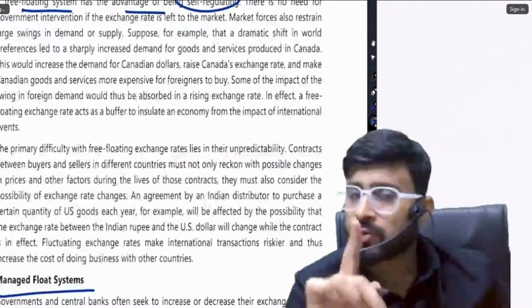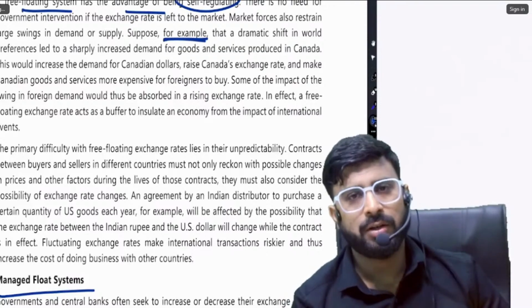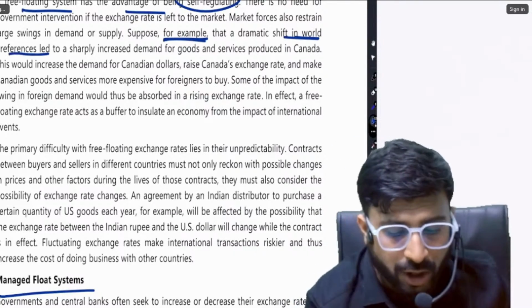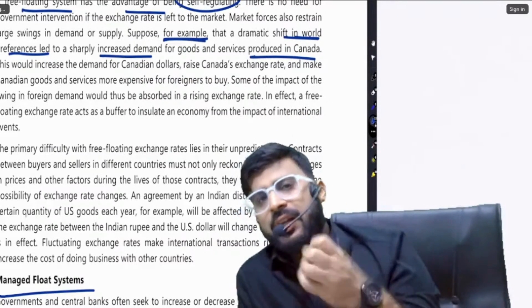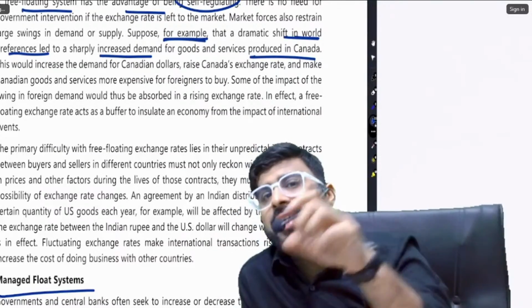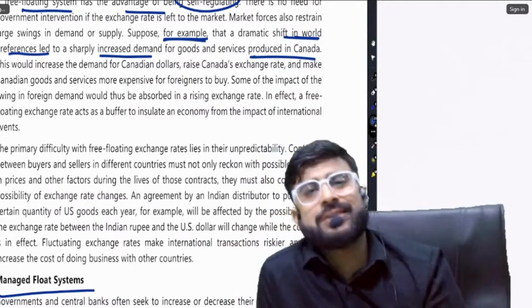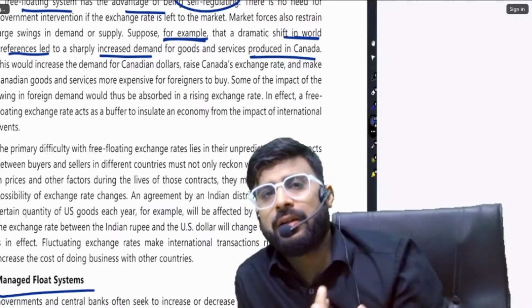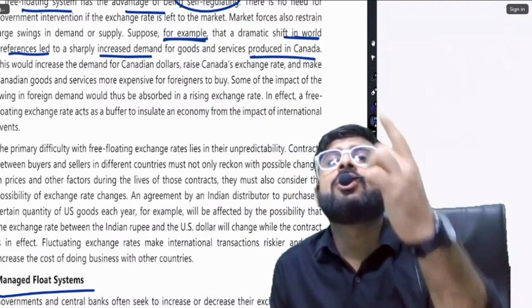Now, how it is free float, I will give you an example. Suppose there is a dramatic shift in the world's preferences for Canadian goods. Friends, now you tell me, if people love goods and services in Canada, then their demand for Canadian currency, that is Canadian dollars, will rise or fall?